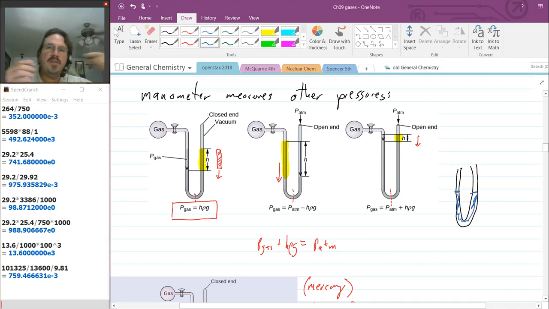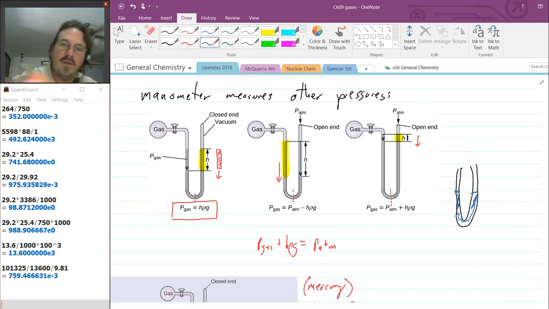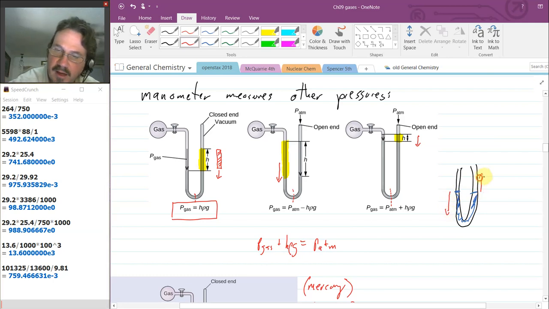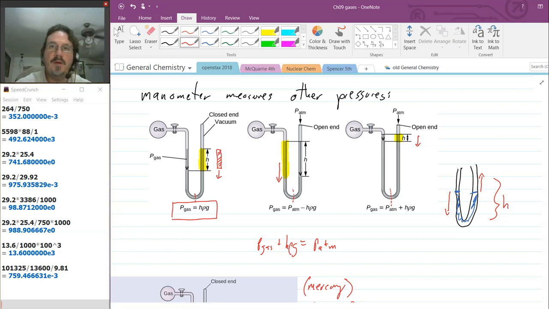But then if from one side I start putting pressure on, well, then it's going to push that side down and that side up. And so I'm going to get this new level where I'm going to get this height that has been pushed. It goes like that. And the height that it pushes, well, now I've got a column of mercury. I can measure it, millimeters of mercury, and that tells me how much pressure is going on.